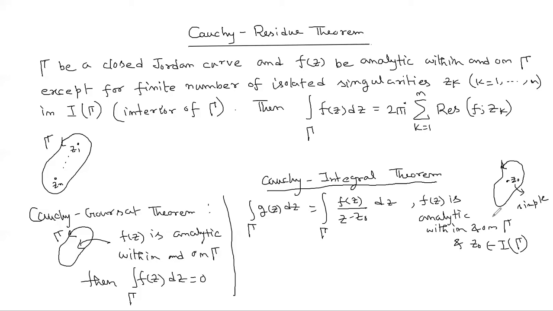That means g(z) has an isolated singularity which is a pole kind of singularity inside gamma. Then we can evaluate this integral by Cauchy integral theorem, which is given by 2 pi i times f of z_0. Similarly, we have the derivative form of Cauchy integral theorem.